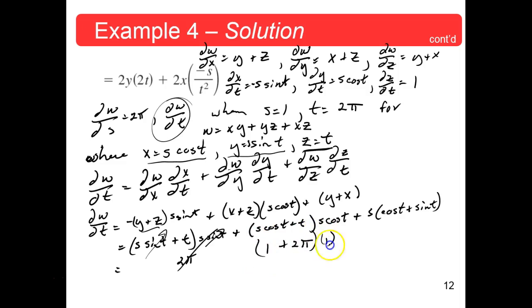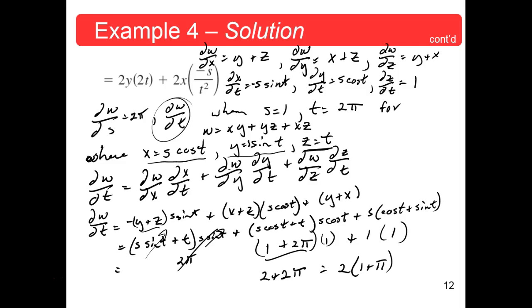So that's just 1 plus 2 pi plus 1 times cosine of 2 pi is 1, sine of 2 pi is 0. So what do we have now? 2 plus 2 pi. 1 plus 1 is 2. Or you could have said 2 times 1 plus pi. I don't care how you write it. They left it as 2 plus 2 pi.